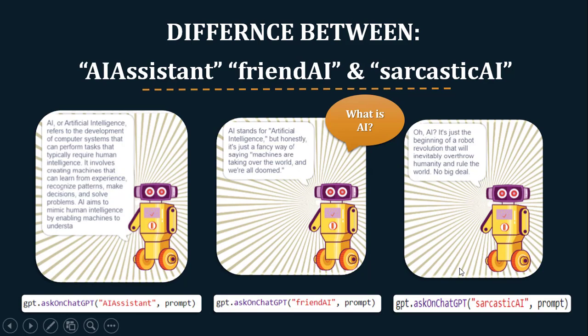Then when we see the Sarcastic AI option, it answers in a very sarcastic way. Oh, AI is just the beginning of a robot revolution that will inevitably overthrow humanity and rule the world. No big deal. So it's a very sarcastic way of saying it. So you see the difference between all the three.